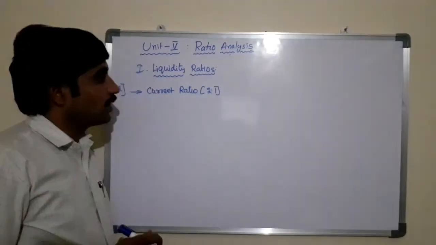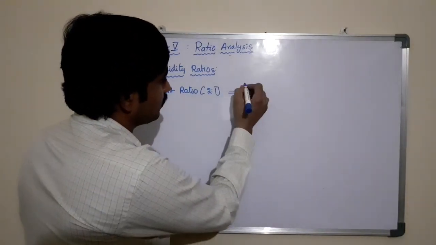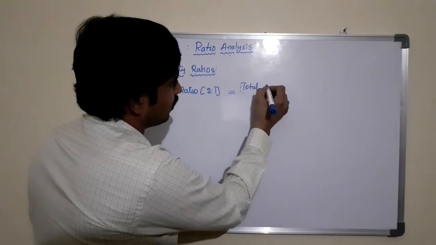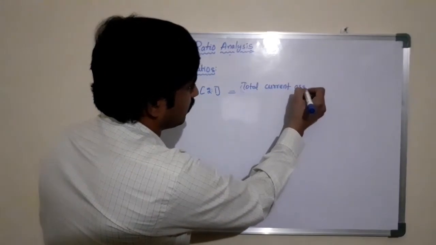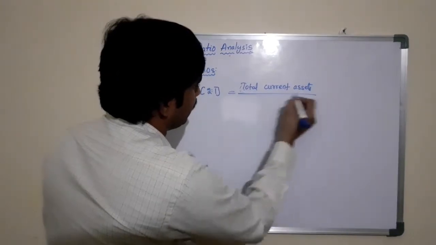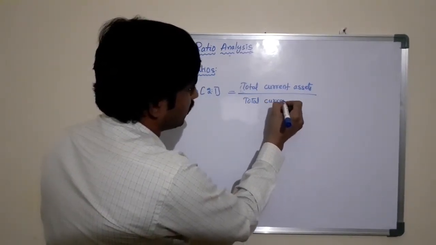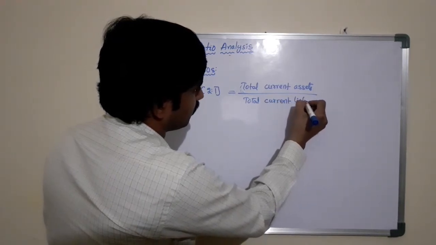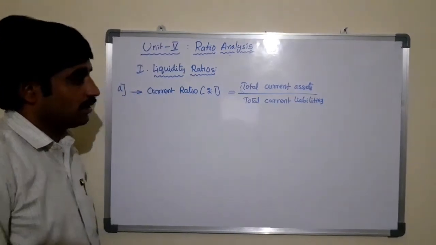The formula for current ratio is total current assets by total current liabilities.